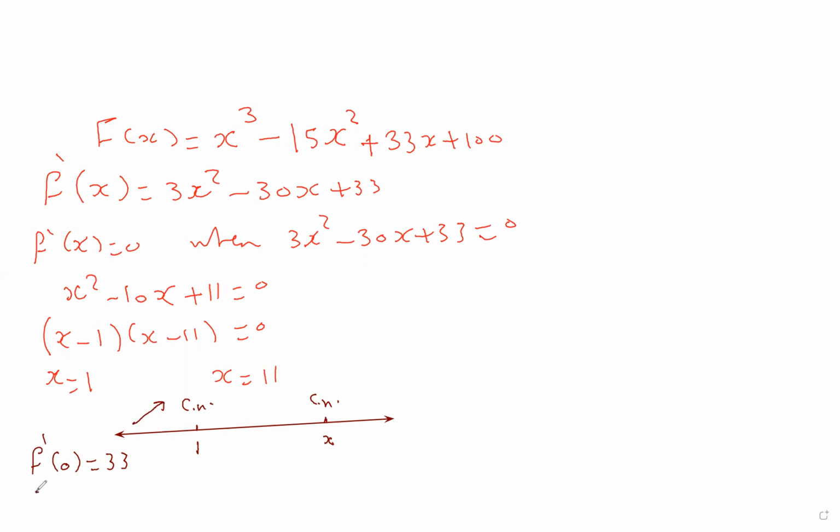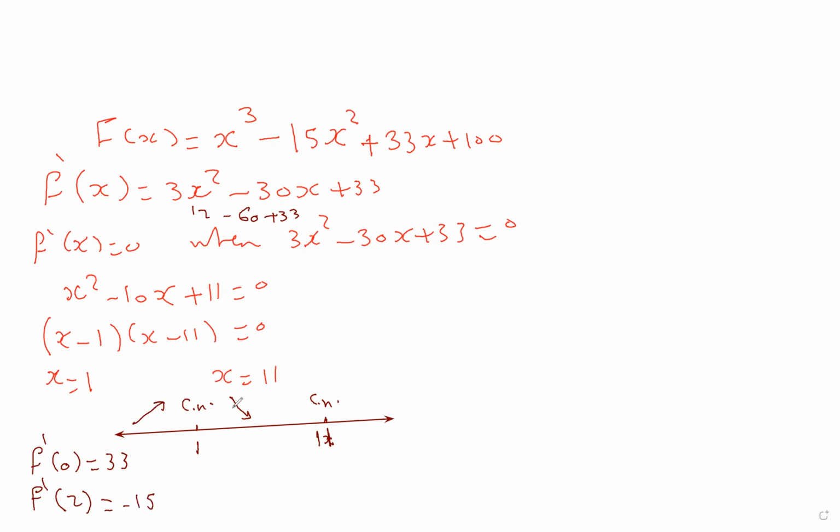Okay? 33 is positive, so the function is increasing before this number. And f dash of, this is 11, sorry, this is 1. f dash of 2 will be 3 times 4, 12, minus 30 times 2, 60, plus 33, which is 12 minus 60 plus 33, negative 15.